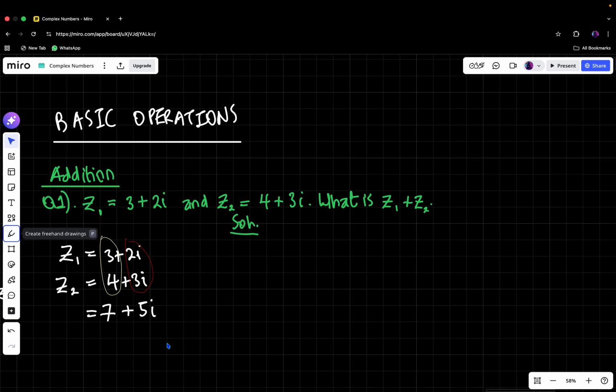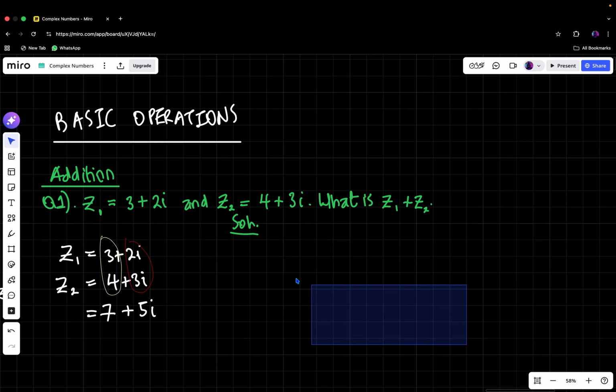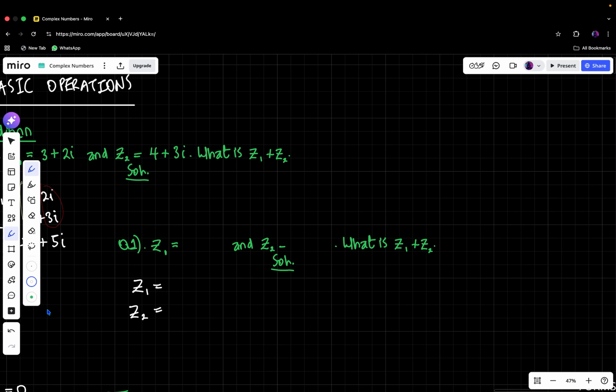All right, only add the real to the real and the imaginary to the imaginary. Say z1 is 10 plus 5i, and z2 would be 13 plus 4i. What will be the answer? You can write it any way.